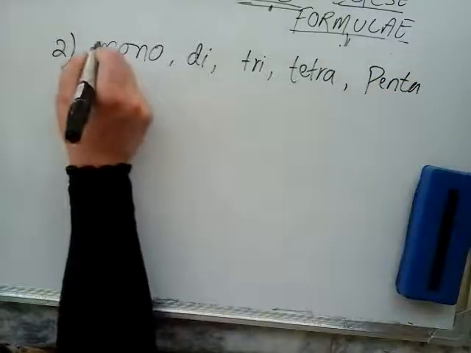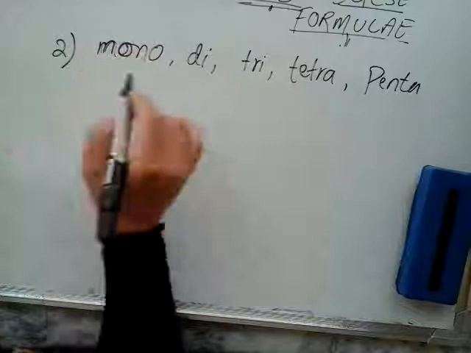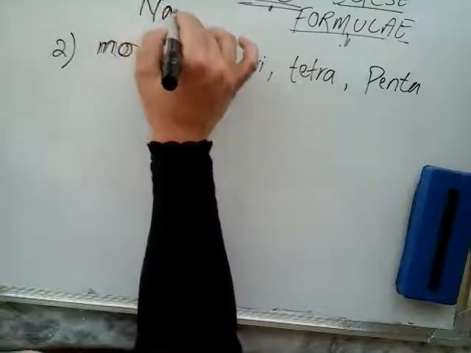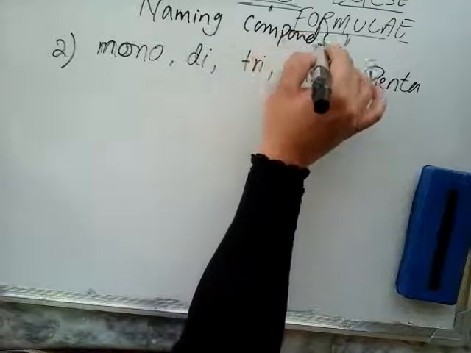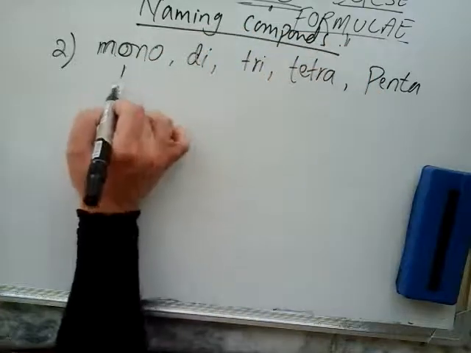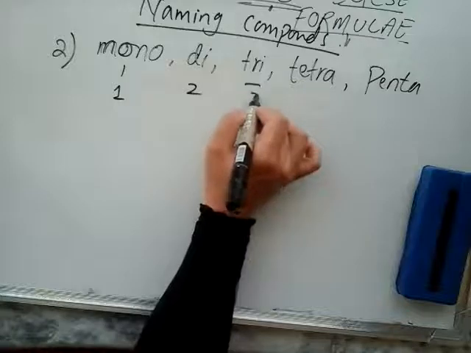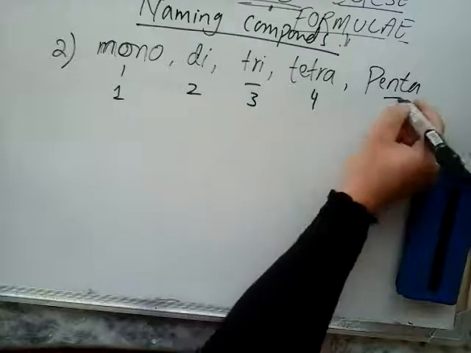These words are also being used in naming compounds. Okay, mono means 1, di means 2, tri 3, tetra 4, penta 5.